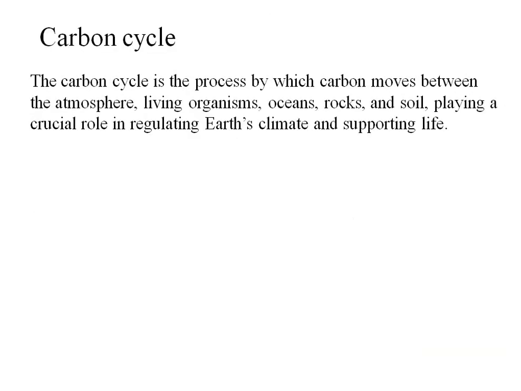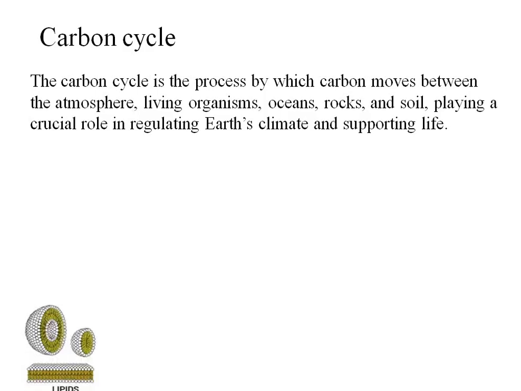Let us discuss in details about carbon cycle. We know carbon is one of the vital components that take part in the construction of various biomolecules in all living beings. The carbon cycle is also one of the important natural processes that is required for rejuvenating our environment. The carbon cycle is the process by which carbon moves between the atmosphere, living organisms, oceans, rocks, and soil, playing a crucial role in regulating Earth's climate and supporting life.